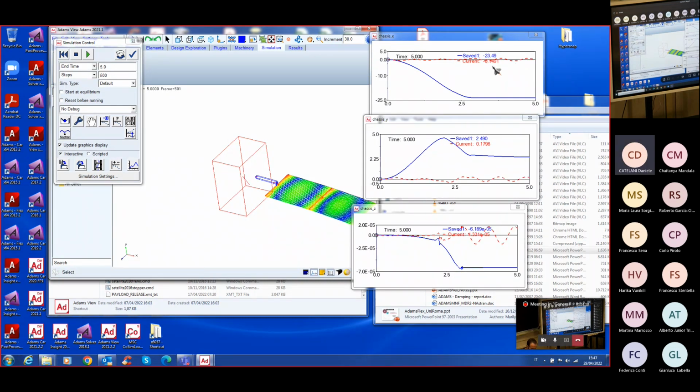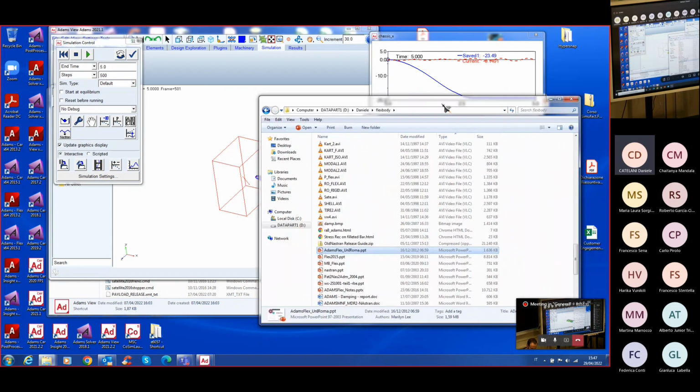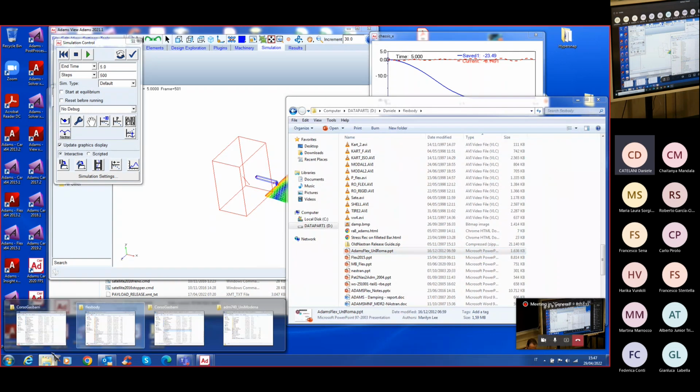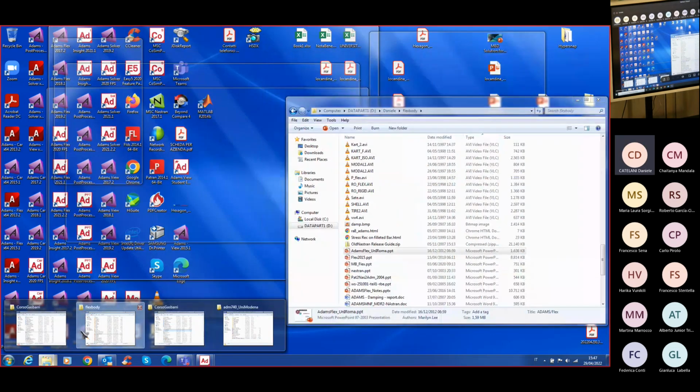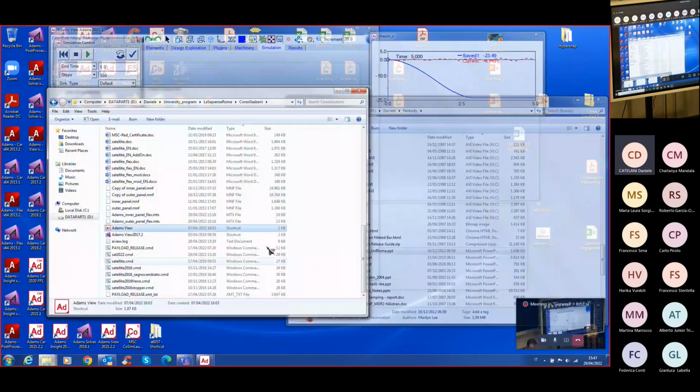And I can also reduce this oscillation if I introduce the derivative of the controller for the velocity, and the integral. And this is a typical control force I can introduce in Adams. There is the possibility to make this in combination with Simulink.